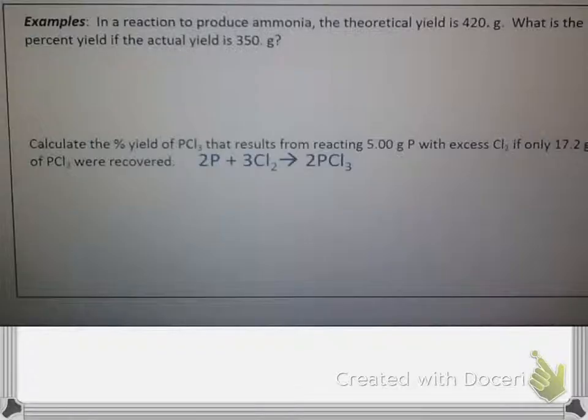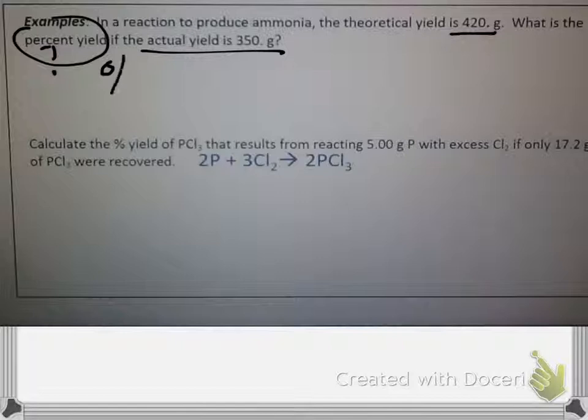Okay, here's an example. It says, in a reaction to produce ammonia, the theoretical yield is 420 grams. What is the percent yield? So we don't know what the percent yield is if our actual yield is 350 grams. All right, this is a really easy one, I'm not going to lie. You just take the equation you're given and you plug in the values, right?